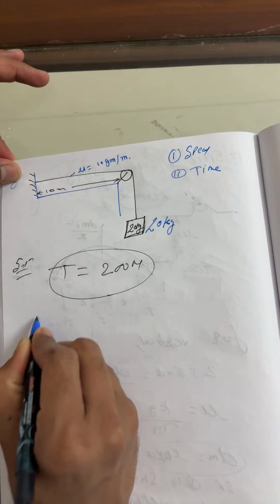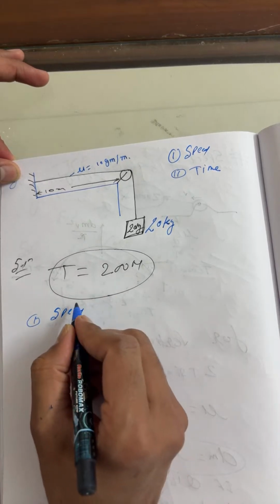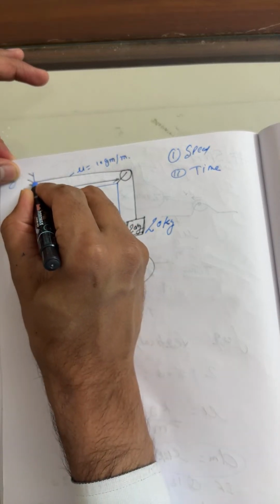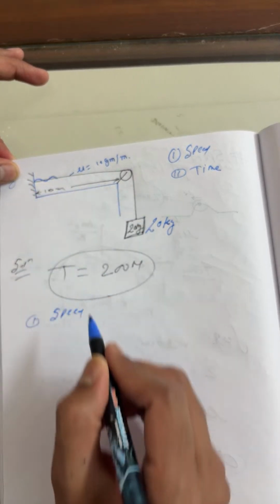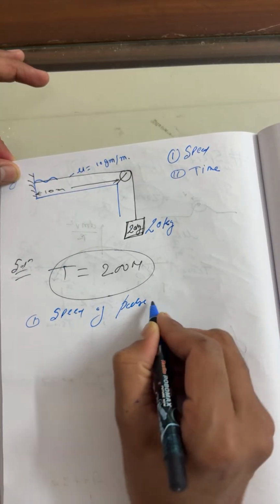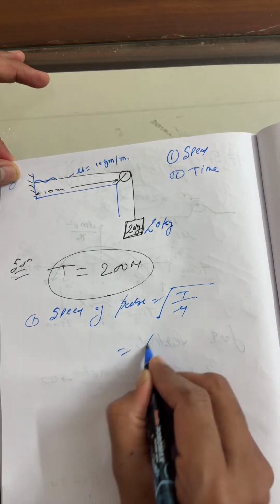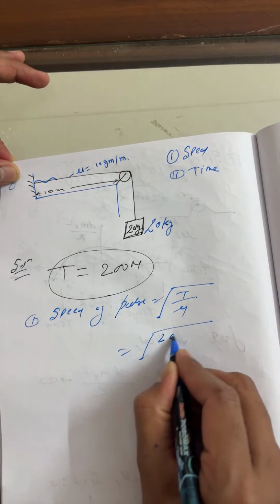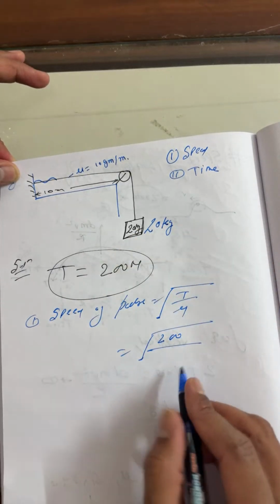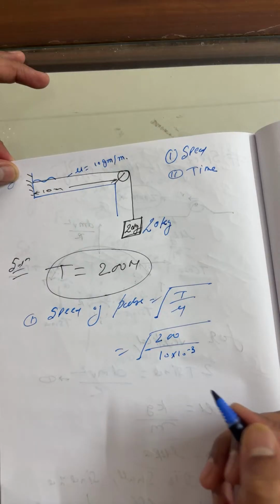So the speed of the pulse, which you are sending from here, is root of T by mu. T is already mentioned as 200, and mu is 10 grams, so 10 into 10 to the power minus 3.